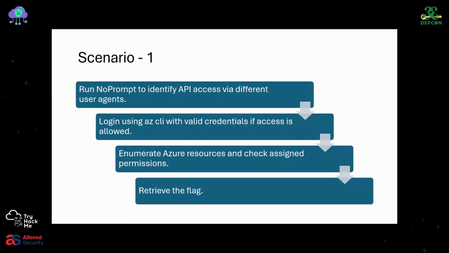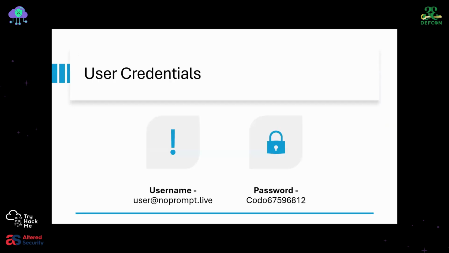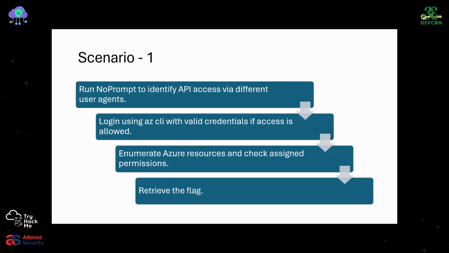So scenario one is something like this: you need to run the NoPrompt tool. I believe that you must have completed the prerequisite for this lab. You need to run the NoPrompt tool, and then you are going to use these user credentials to check whether the conditional access policy has some gap or not.